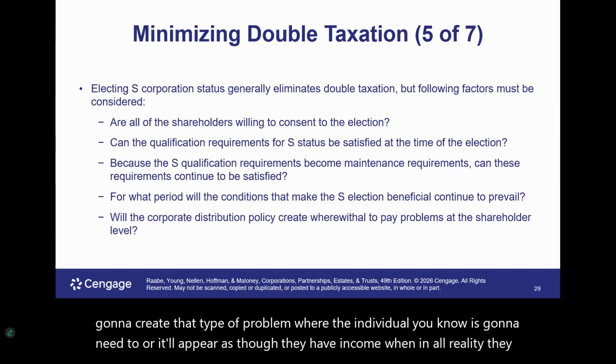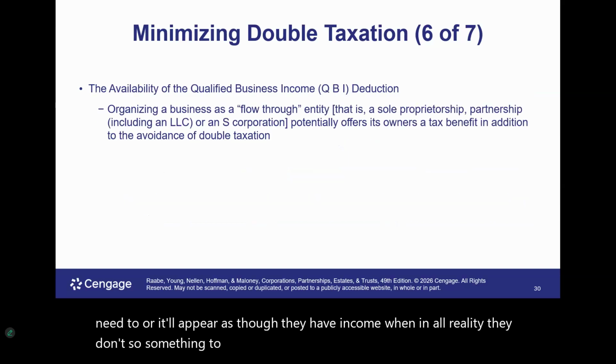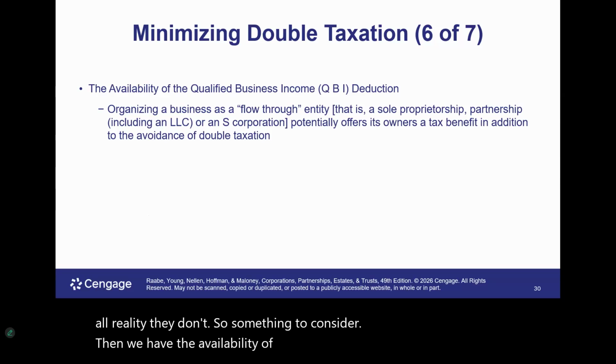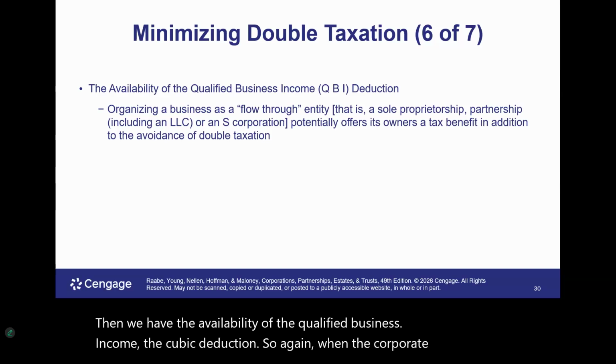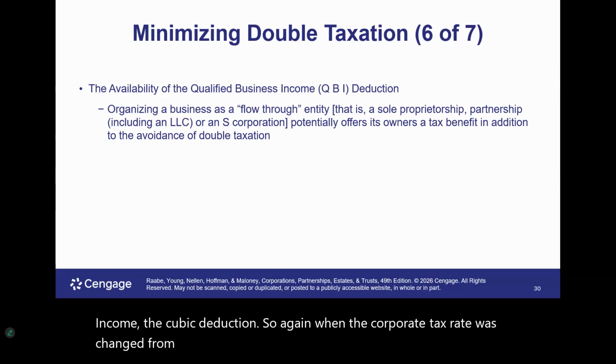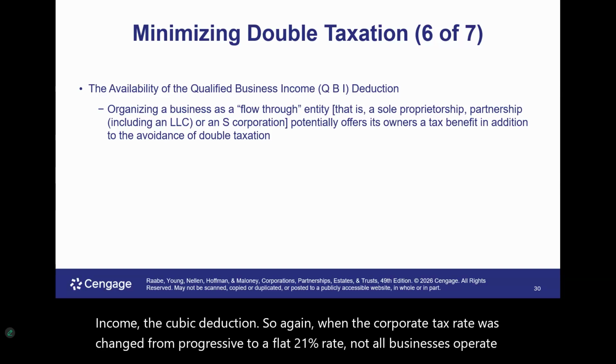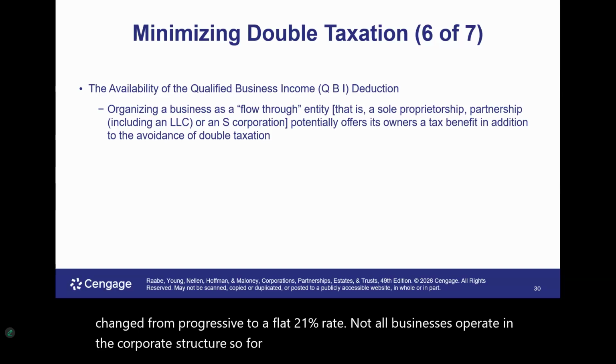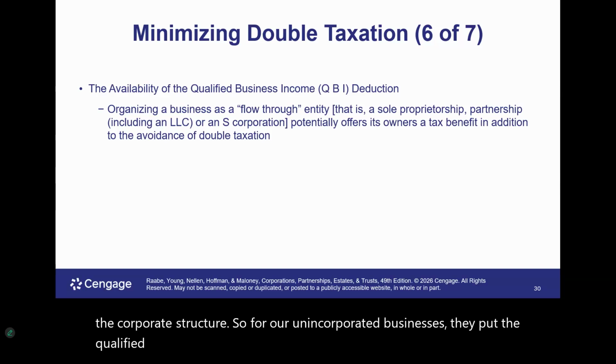So something to consider. Then we have the availability of the qualified business income, the QBID deduction. When the corporate tax rate was changed from progressive to a flat 21% rate, not all businesses operate in the corporate structure. So for unincorporated businesses, they put the qualified business income deduction in place to offset it.